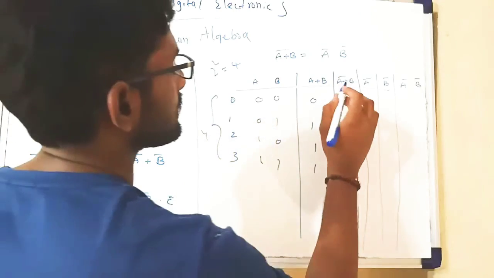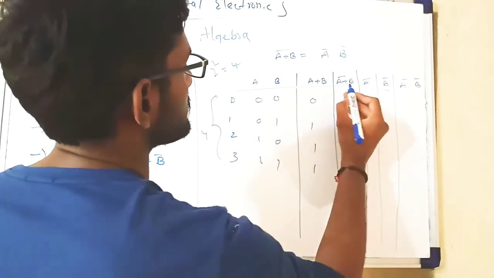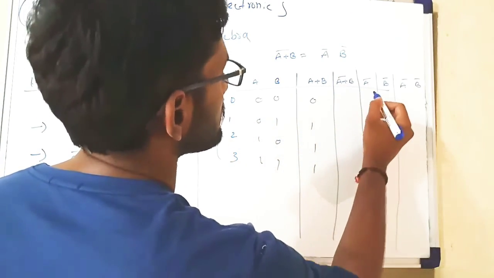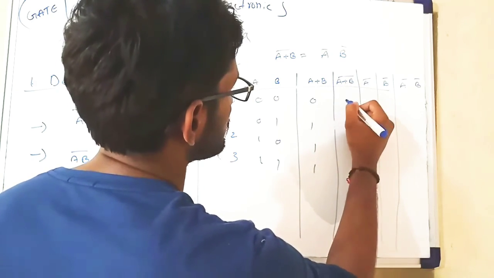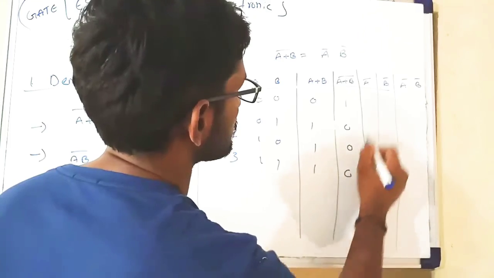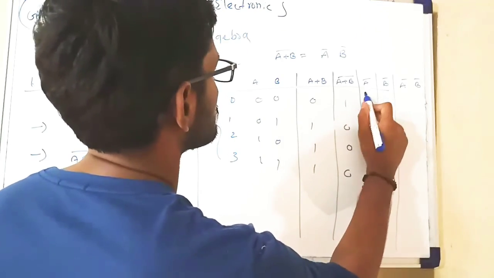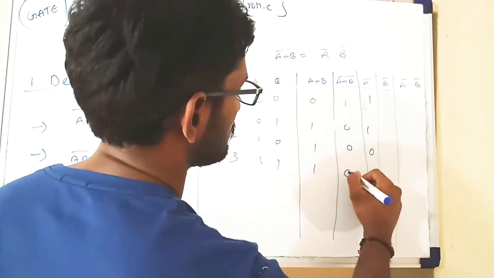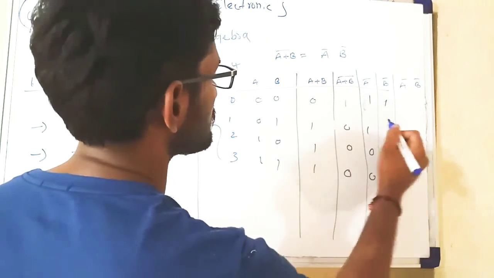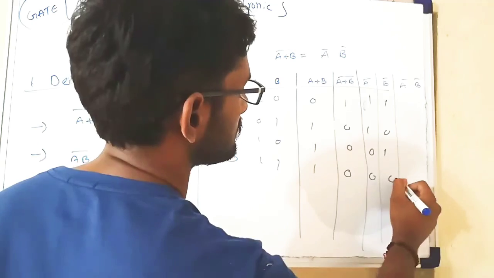Now next, (A + B) bar is nothing but, first I take A + B, and the complement of this is 1, 0, 0, 0. A bar means 1, 1, 0, 0. B bar means 1, 0, 1, 0.